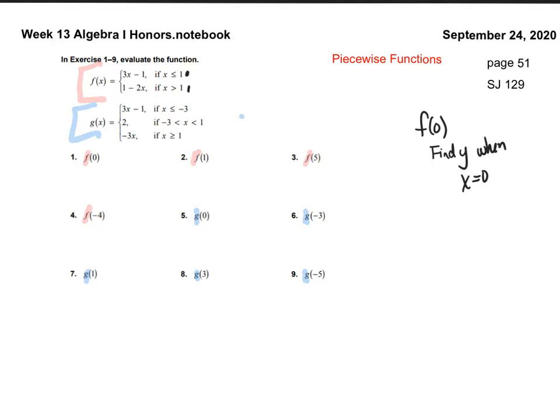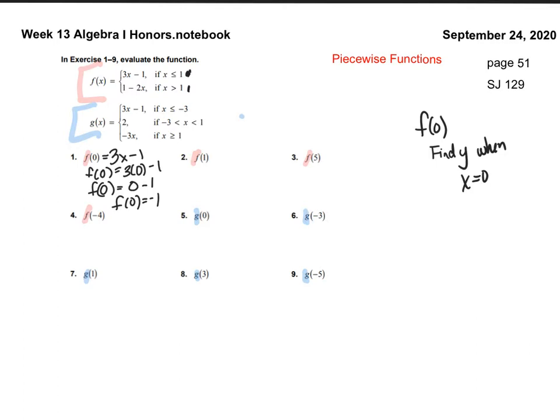Since 0 is less than or equal to 1, it falls in this first category. So I'm going to use the expression 3x minus 1. I'm going to substitute 0 into x in that expression. I'm going to use order of operations. So f of 0 is negative 1.